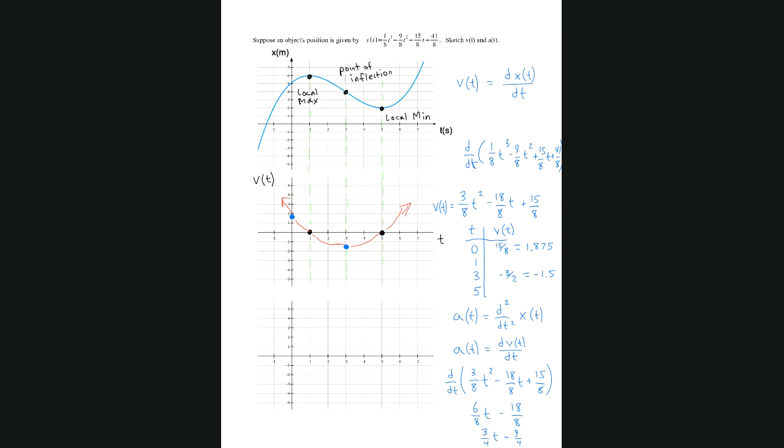Alright, so what does our original graph tell us about the look of the acceleration? Well, points of inflection turn out to be useful because they are points where our second derivative is going to be 0. So when I go down here and just trace that important x down, I need a 0 right here.